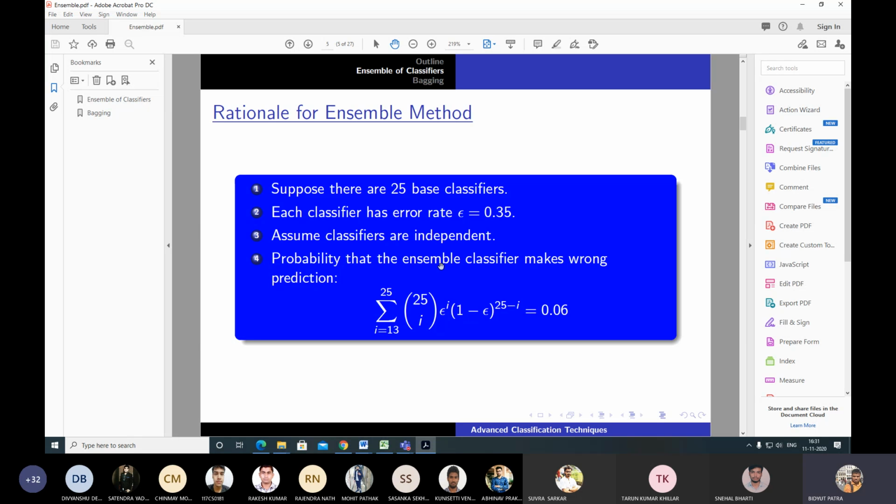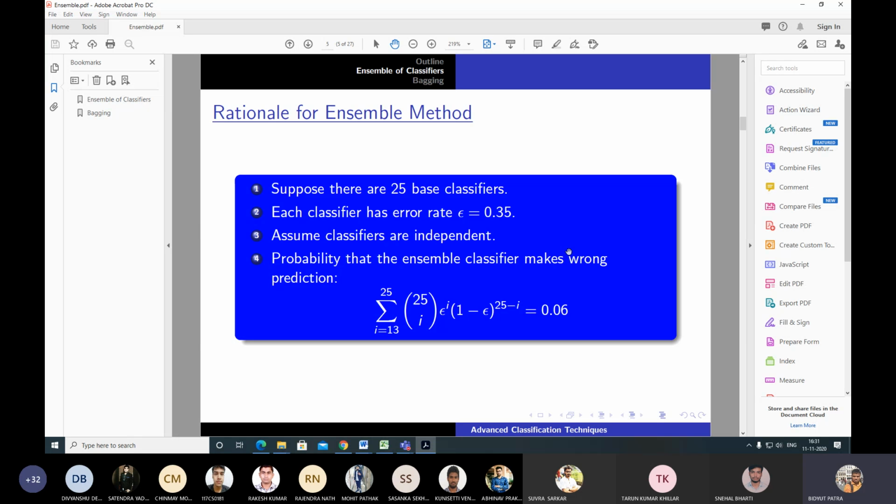And assume the classifiers are independent. Then what will happen? What is the probability that the ensemble classifier makes a wrong prediction for a particular test data set?